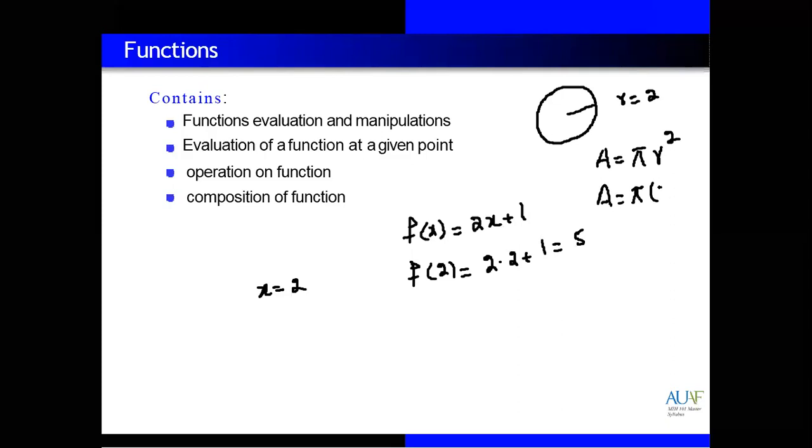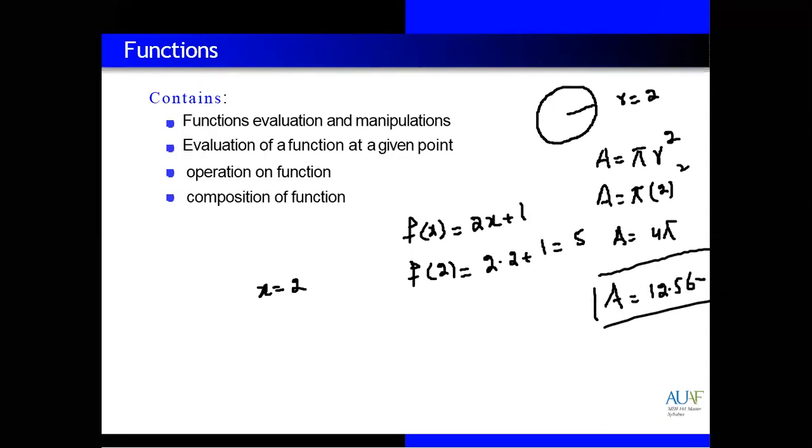R square means 2 square, which is 4. So area is equal to 4 pi. When you multiply 4 with pi, this gives 12.56 centimeter square. This is the area of a circle.